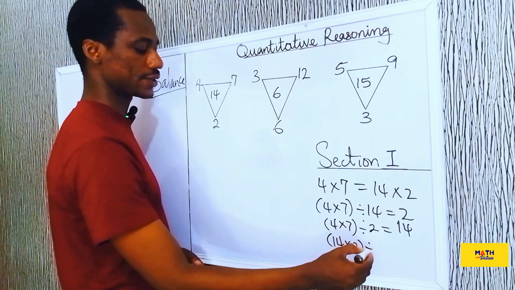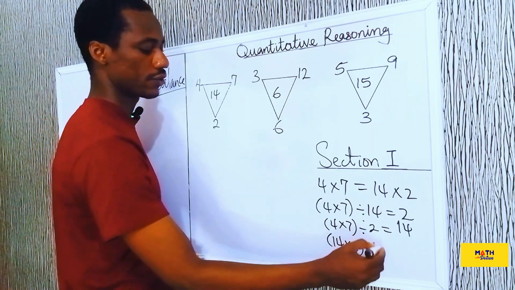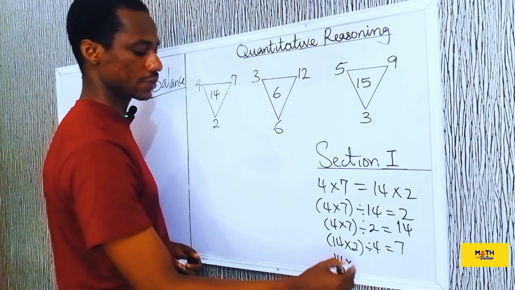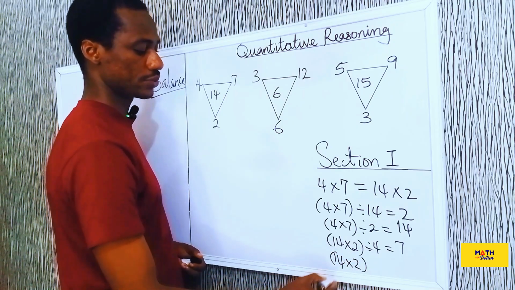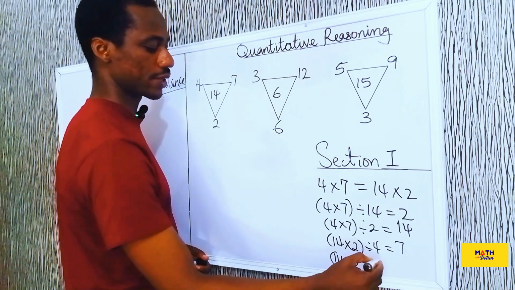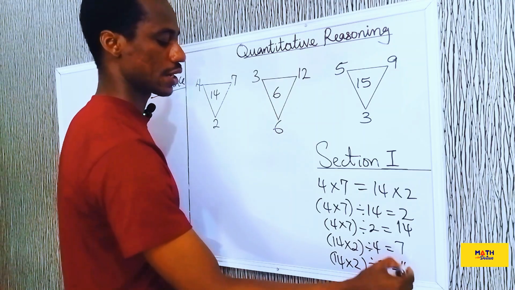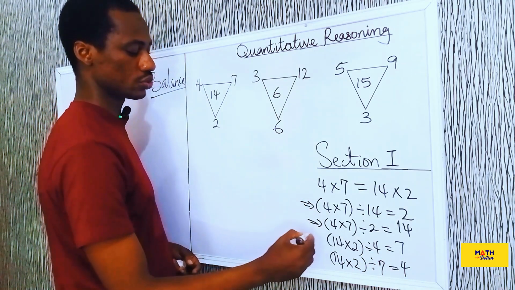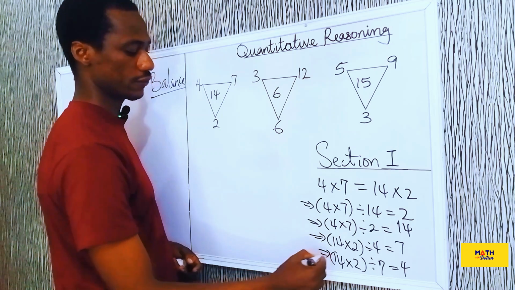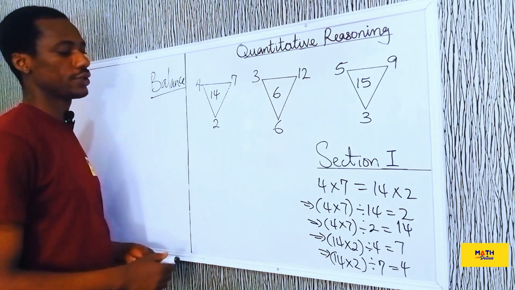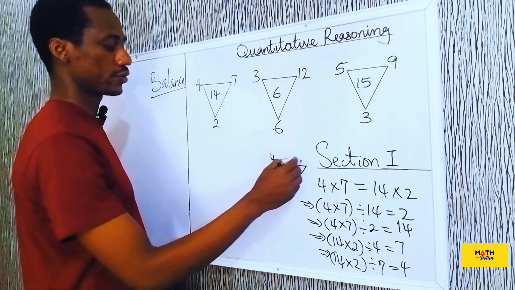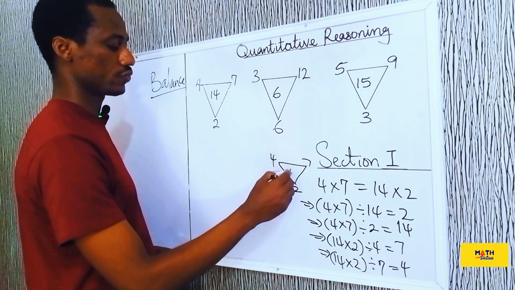I divide that by 4, and I'll have 7. I have 14 times 2 as a complete part. I divide that by 7, and I will have 4. So for the 4 pots, 1, 2, 3, 4, let me sketch that here. You have 4, 7, 2, 14.